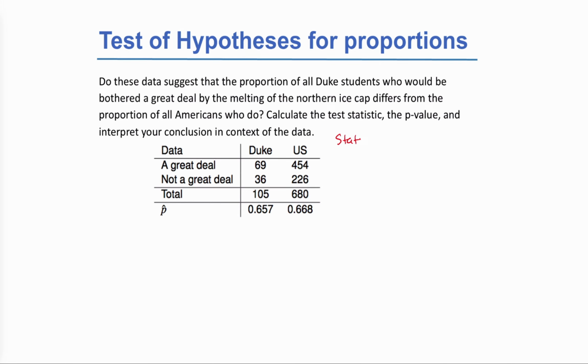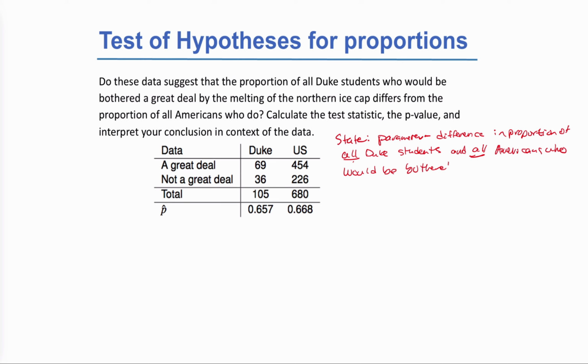So we state our parameter, which is the difference in the proportion of all Duke students and all Americans who would be bothered a great deal.